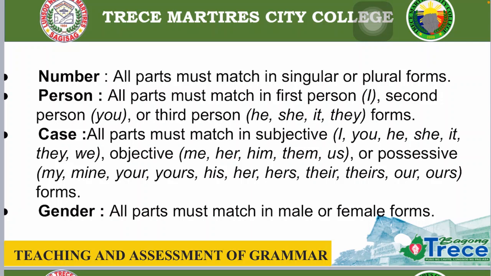Or in possessive, it could be my, mine, your, yours, his, her, hers, their, theirs, our, ours forms. And gender, it could be all parts must match in male or female forms.